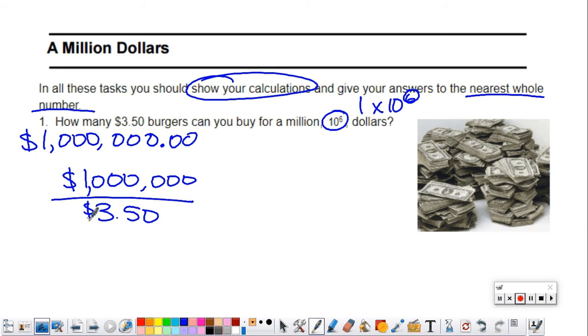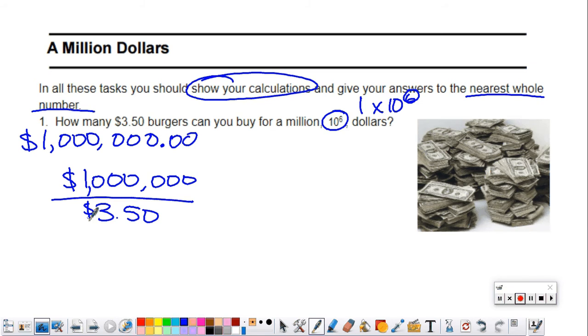And I want you to practice putting this number in scientific notation in your calculator. So turn your calculator on, okay? Whenever you use scientific notation in your calculator, you must use parentheses. Okay, you must use parentheses when you are using scientific notation.